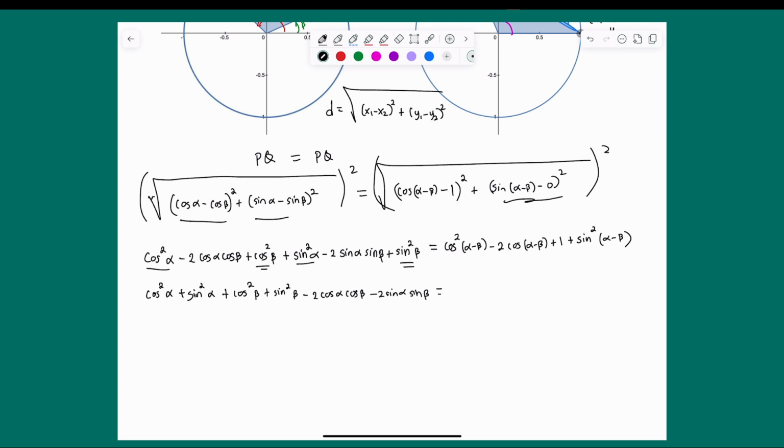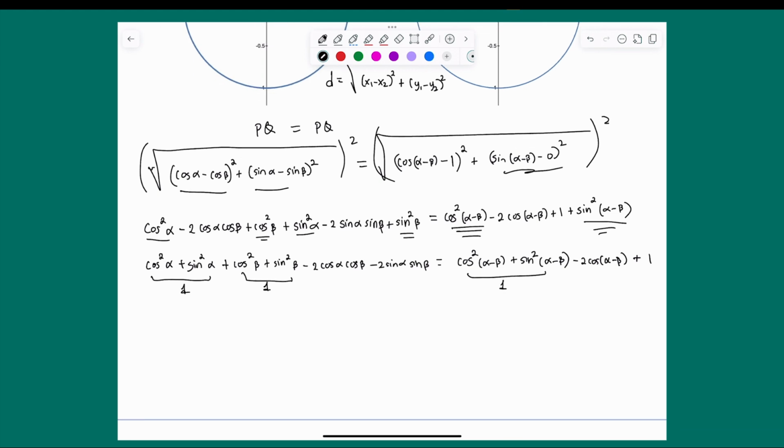And likewise, on the right hand side, we have the cosine squared alpha minus beta, and then combine that with the sine squared alpha minus beta. That leaves behind the minus 2 cosine alpha minus beta plus 1. The reason why I'm collecting those is because each one of these pairs here are equal to 1, because of the Pythagorean identity.